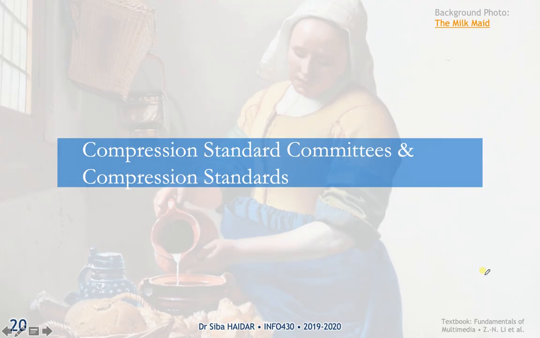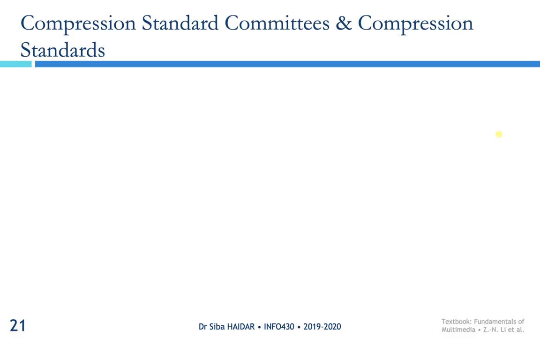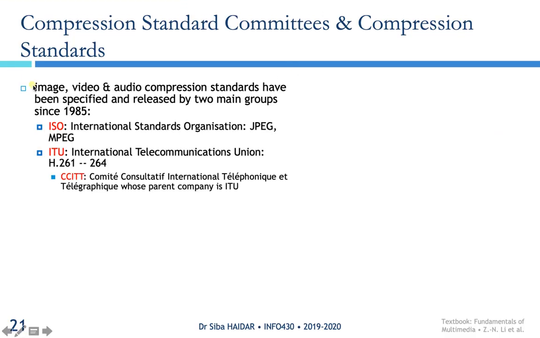Now we will see the compression standard committees and the compression standards. Image, video, and audio compression standards have been specified and released by two main groups, and we already mentioned these groups in previous chapters. The first one is the ISO, the International Standard Organization.